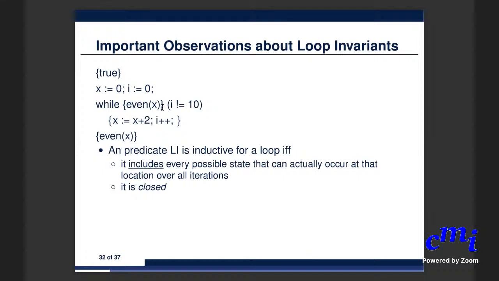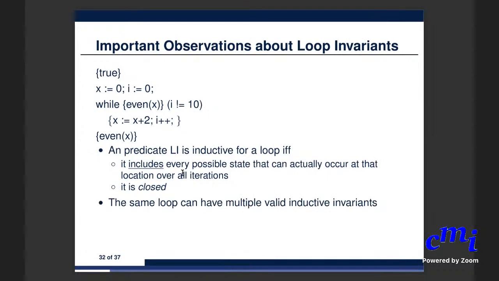Now, for example, here even(x) is indeed inductive, and it's an inductive loop invariant, but it doesn't say anything about I. As far as this predicate is concerned, I can take any value. So in that sense, this is not the strongest thing that you can say that is inductive at this point.